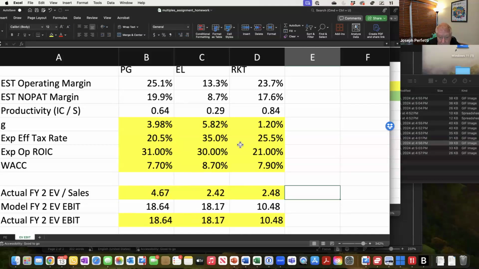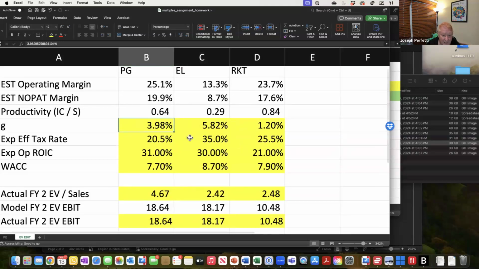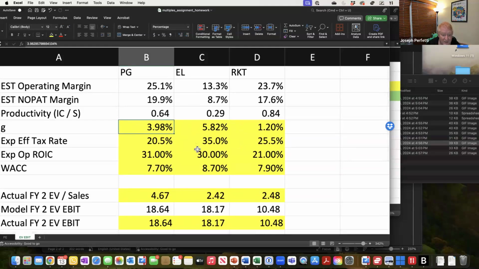Well, one thing is Estée Lauder again has a much higher growth rate of 5.8% versus 4% at Procter & Gamble. And they both have somewhat similar spreads, 31 minus 8, 30 minus 9, slightly higher at P&G, but pretty similar. The thing that's hurting Estée Lauder is, despite the higher growth rate, they're paying a much higher tax rate at 35% versus 21%.